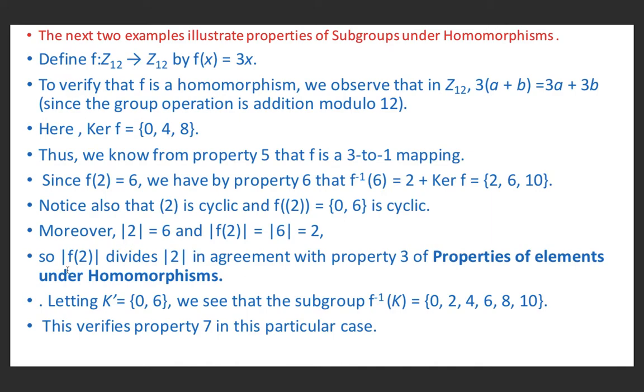Therefore order of f(2) divides the order of 2, in agreement with property 3 of properties of elements under homomorphism. Letting K dash equal to {0, 6}, we see that the subgroup f inverse K dash equals {0, 2, 4, 6, 8, 10}. This verifies property 7 in this particular case.